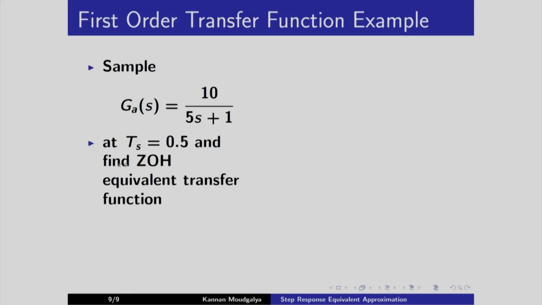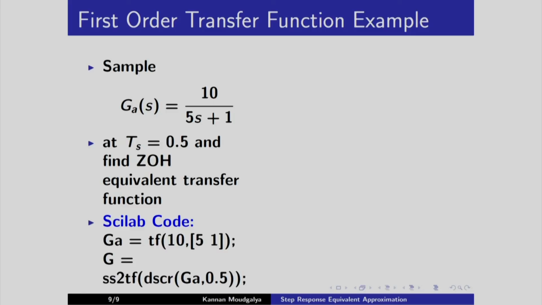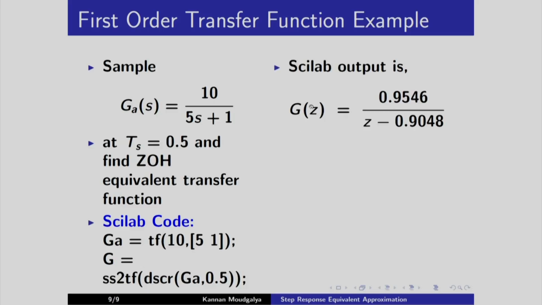Let us sample it and find the zero order hold equivalent transfer function. The Scilab code is given here. It is just 2 lines, and the Scilab output is given here, which can be written in this fashion.